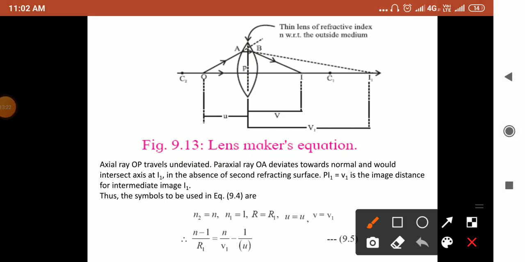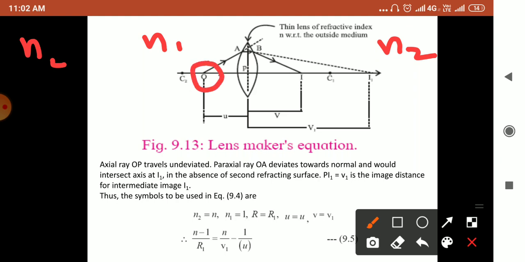We are having two refractive index N1 and N2. In this equation, we have to use sign conventions or symbols. Before that, just come across the diagram first.